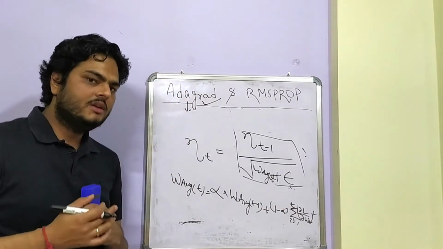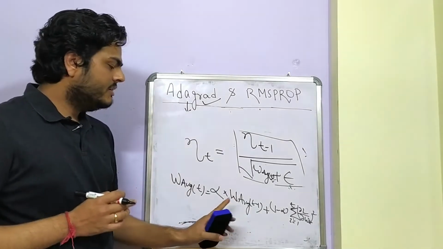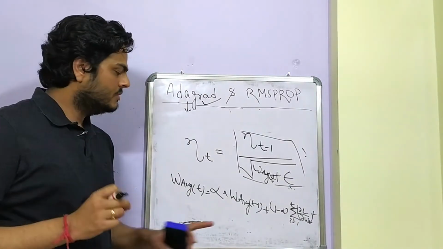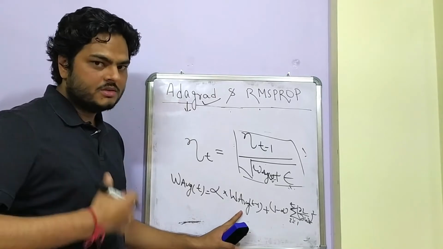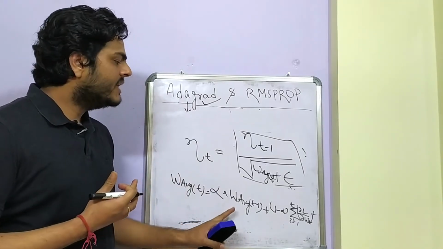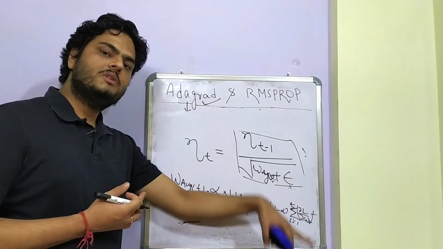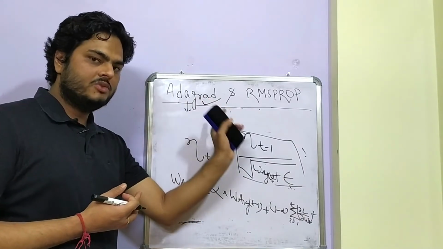So what I am doing here is, if you see carefully, I am giving weightage to the previous weighted average, and this term was there in the previous adaptive gradient as well, right?